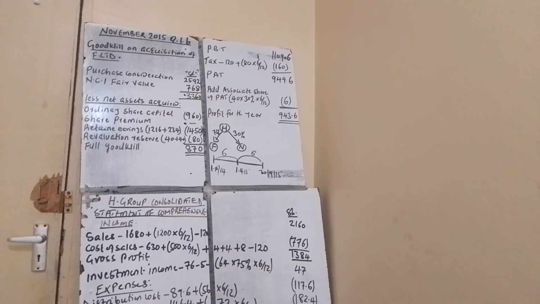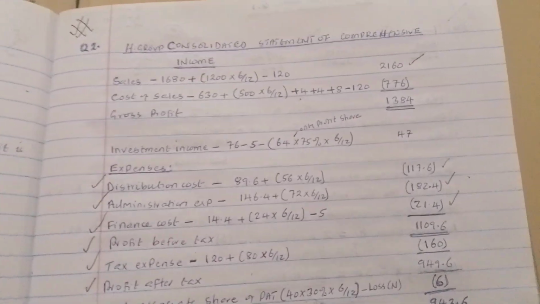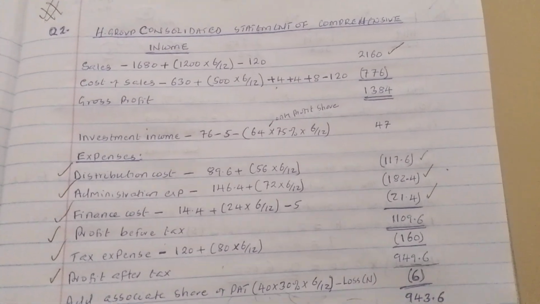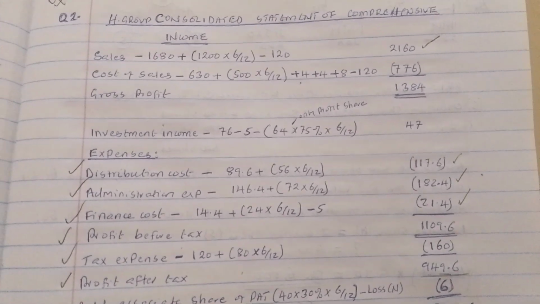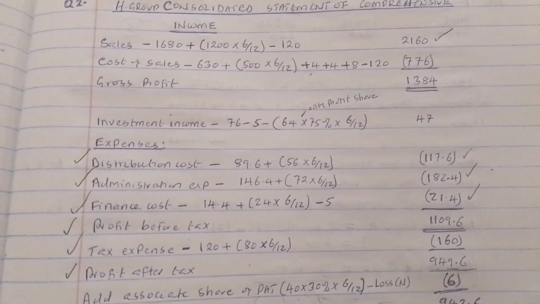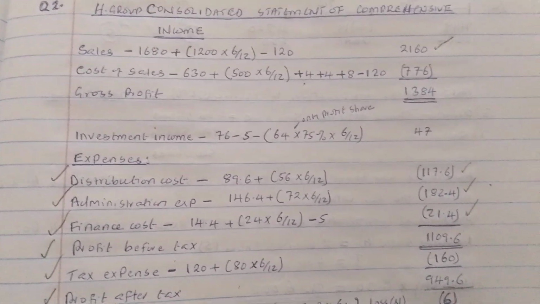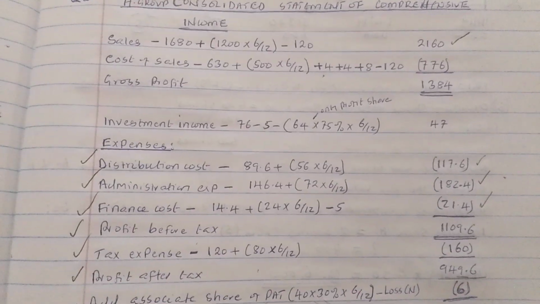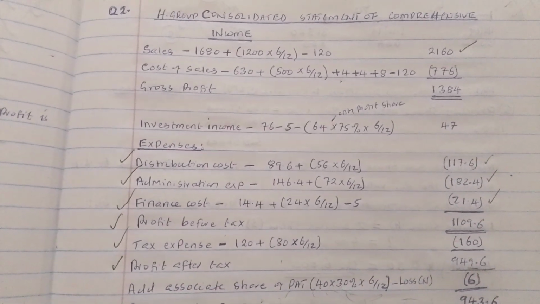And that is the reason why when consolidating that particular figure, you have taken the sales, see how you have gone about it. 1680 for the parent plus 1200 times 6 over 12, because it was 6 months for the subsidiary, minus 120, the total sales. You can't sell to yourself. You get 2160.